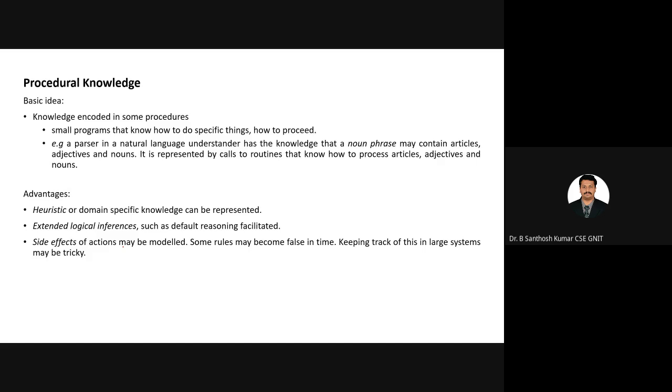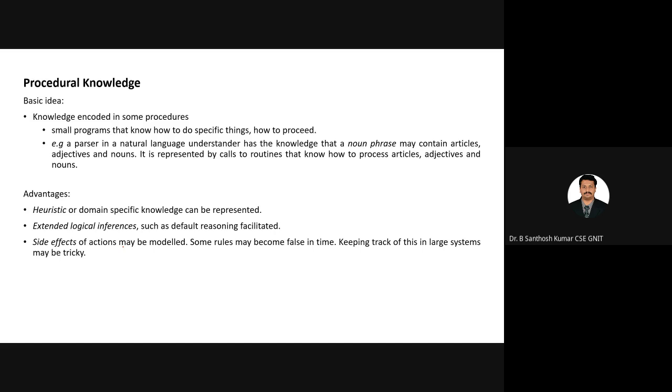So we are splitting. For example, Rama kills Ravan. In that sentence, we can split the words into verb, article, adjective or noun. According to that, we split the words. That type of representation is called procedural knowledge.